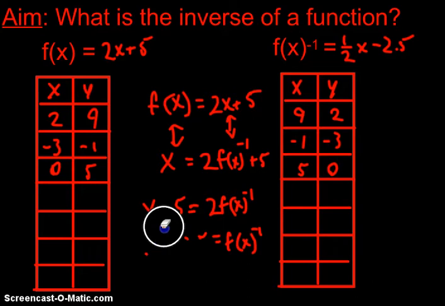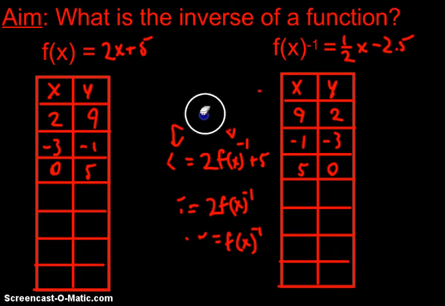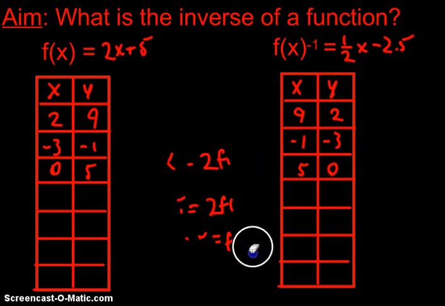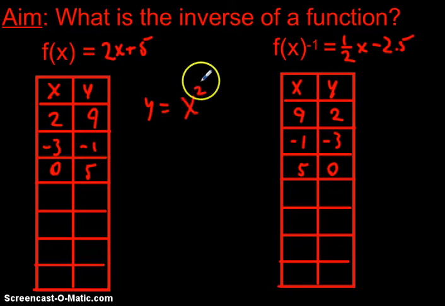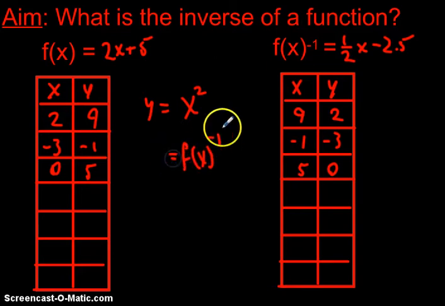So let's say we were given a slightly more complicated function. Say we had y is equal to, I don't know, x squared. Find the inverse function. This would become f of x inverse, and this would become x.